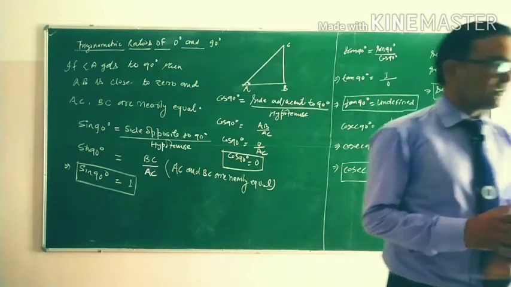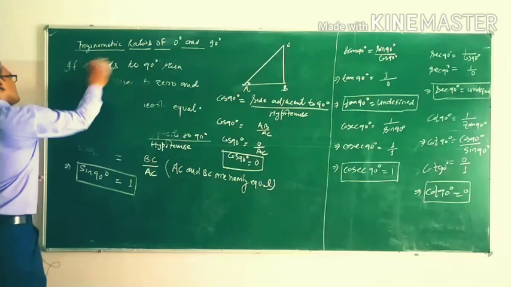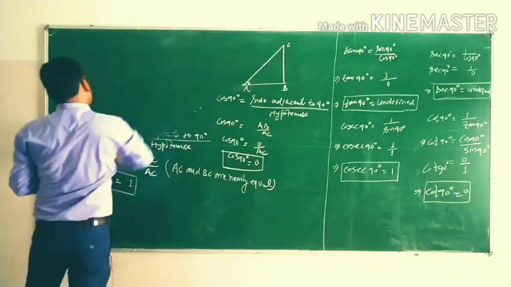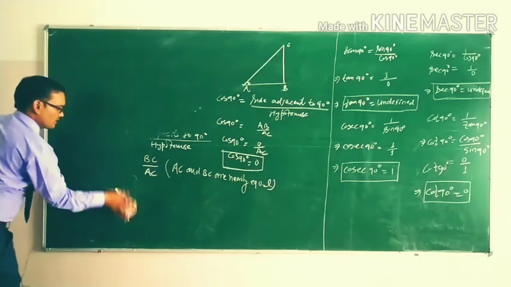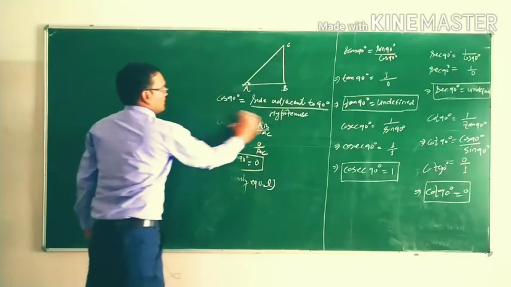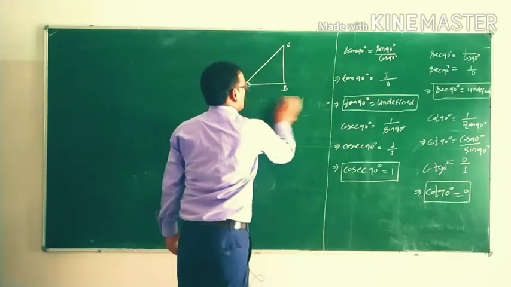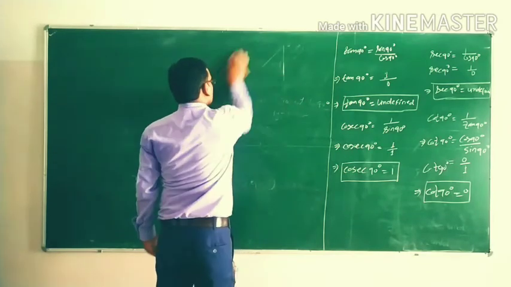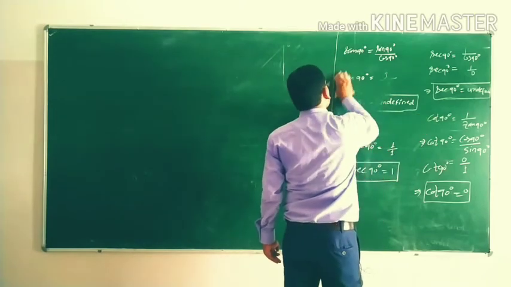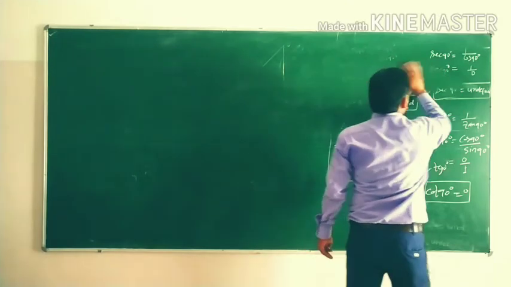Okay students, this is a very simple technique to remember the trigonometric ratios of angle 0 degree, 30 degree, 45 degree, 60 degree and 90 degree.